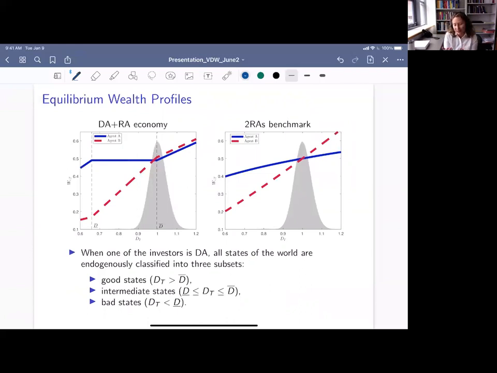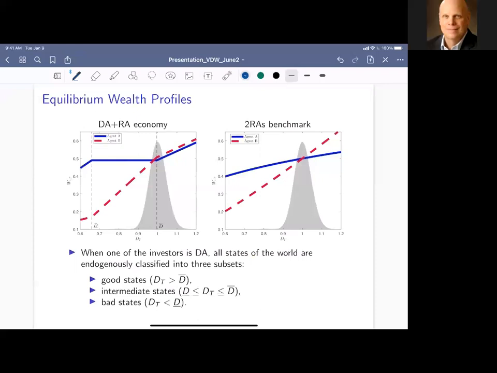So it's also natural because the risk averse agent collects the premium from selling the put options, and the disappointment averse agent in these intermediate and bad states, when options get exercised, gets a big payoff. But just think about the difference between these lines in connection with the density, right? If you think about the chances of occurrence of these states in expectation, the two actually make sense. The two are relatively similar. So it looks like a small difference, and the other looks like a big difference, but they're very comparable.